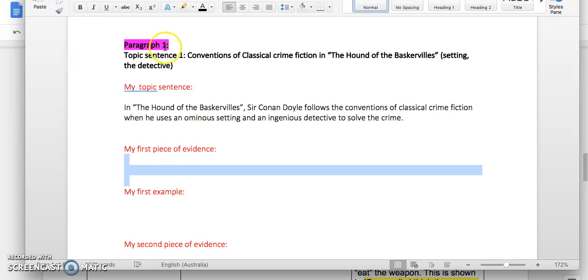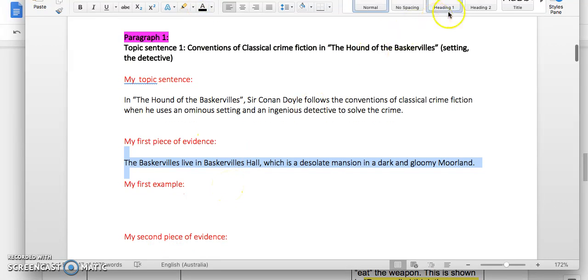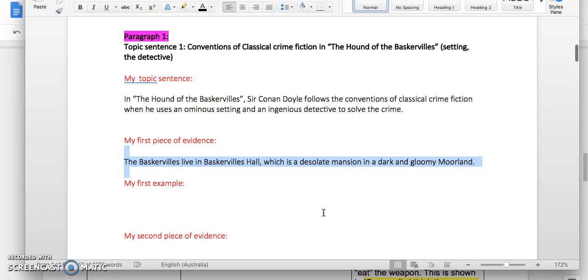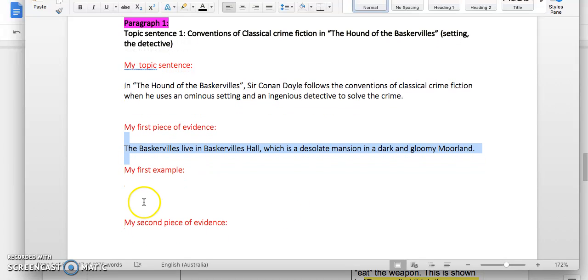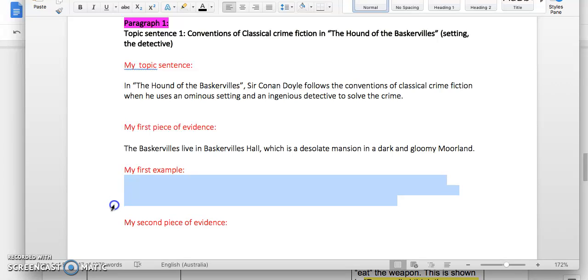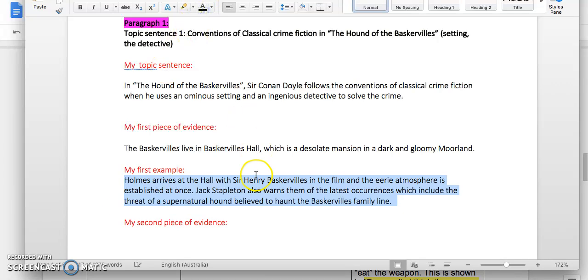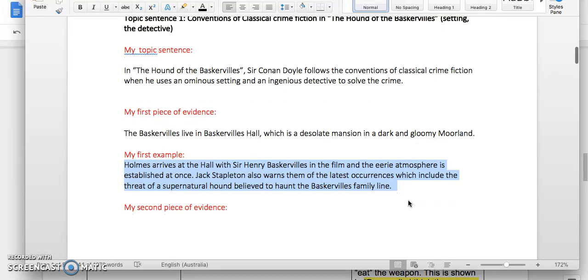So I'm going to go to my first piece of evidence. And it says, the Baskervilles live in Baskervilles Hall, which is a desolate mansion in a dark and gloomy moorland. I'm going to provide my example. Holmes arrives at the hall with Sir Henry Baskervilles in the film, and the eerie atmosphere is established at once.